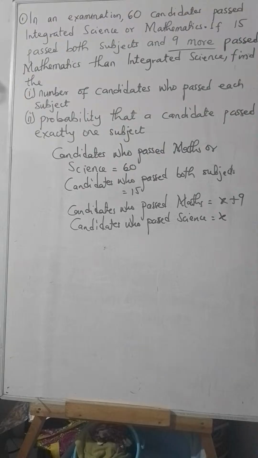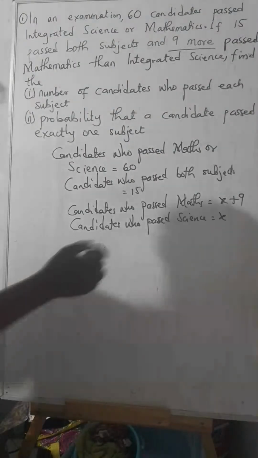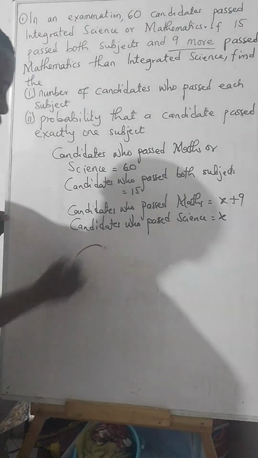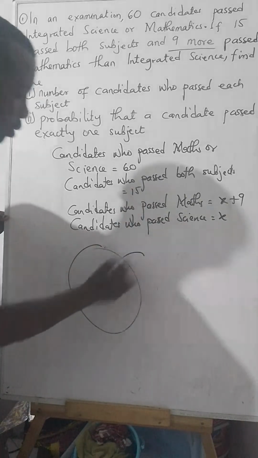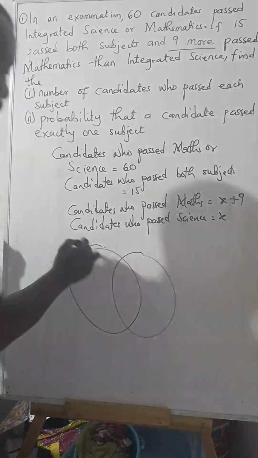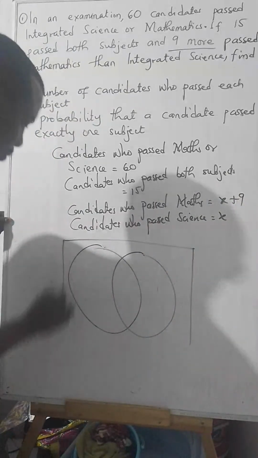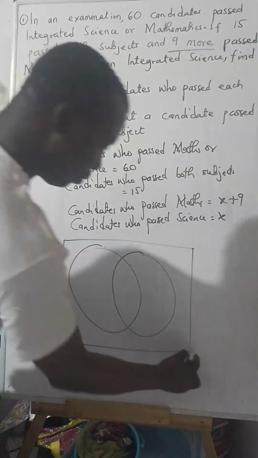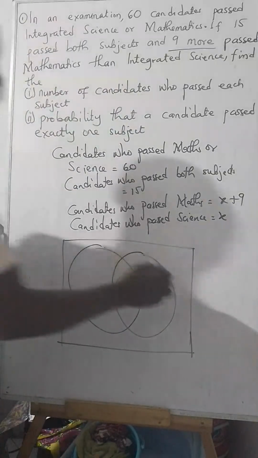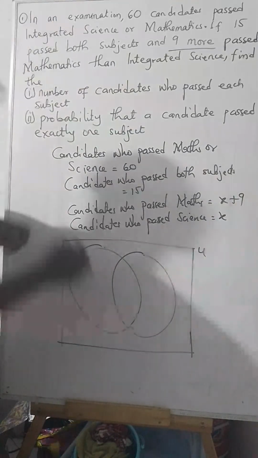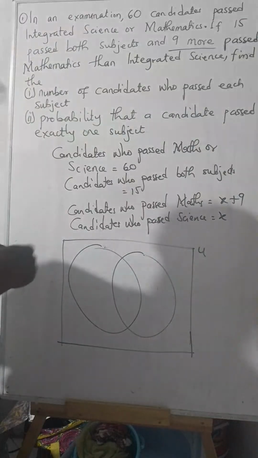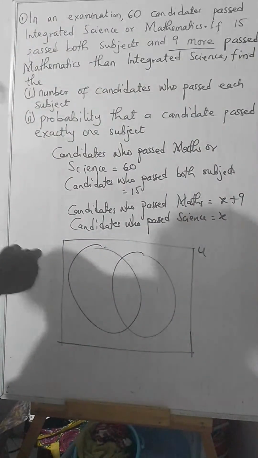Good. So now we draw the Venn diagram. You have the universal set, but the 60 cannot be there, so we leave that one like that.